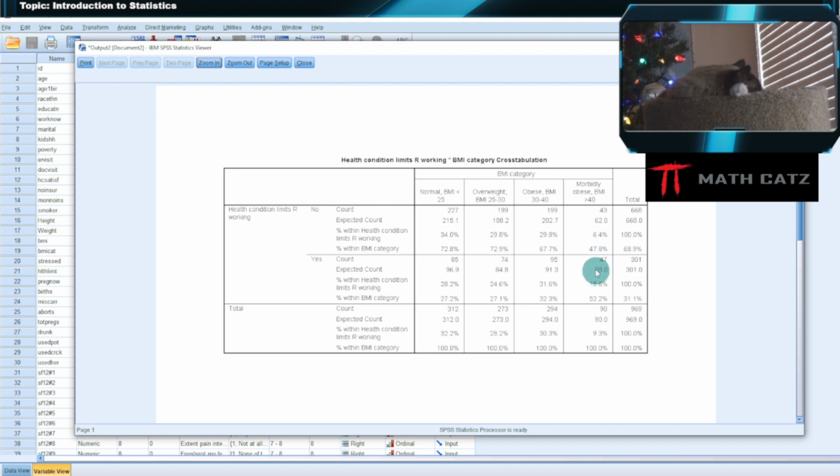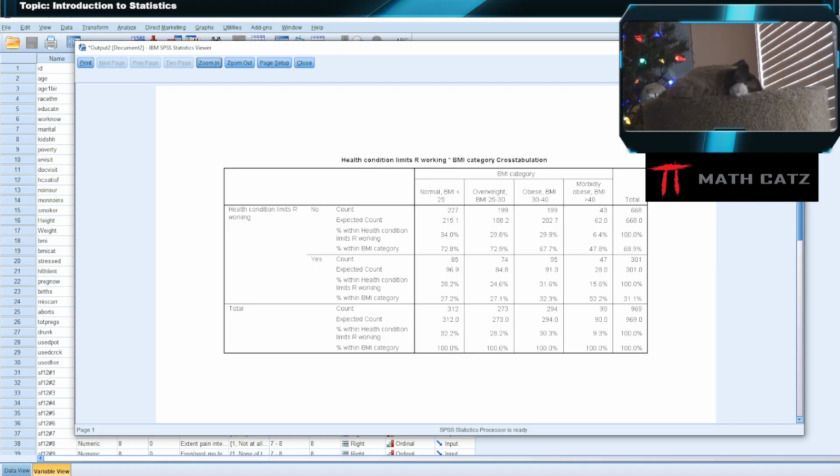So numbers over here, bigger gaps between observed and expected, and that could be the contributing factor to such a large chi-square statistic, and therefore the contributing evidence that no, these variables are not independent after all, that the BMI category that you're in could be a risk factor for having health conditions.